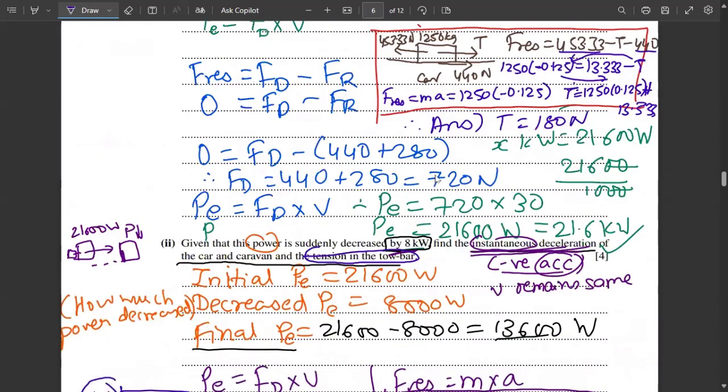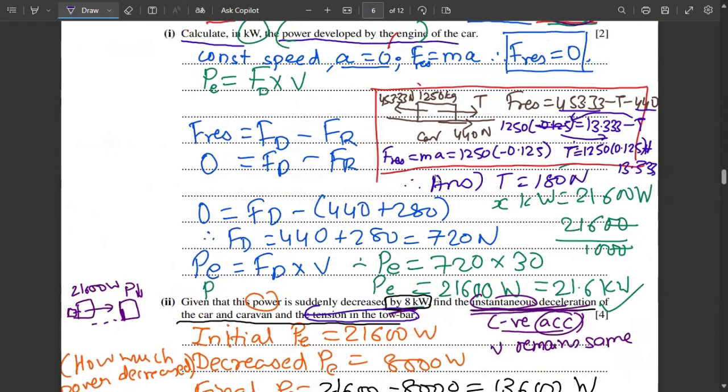So even here, instead of minus 0.125, I will have to take minus 16 upon 129. If I take minus 16 upon 129, and do it again, minus 16 upon 129, the answer is minus 113.333. Yeah, so the answer is 175.5 Newton.